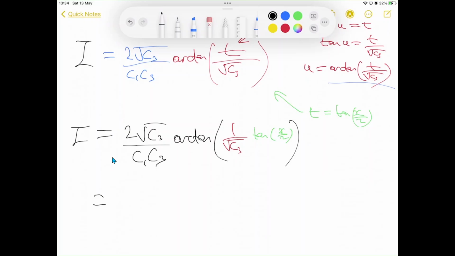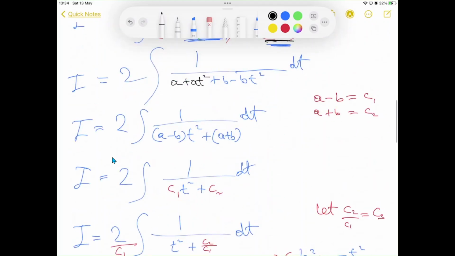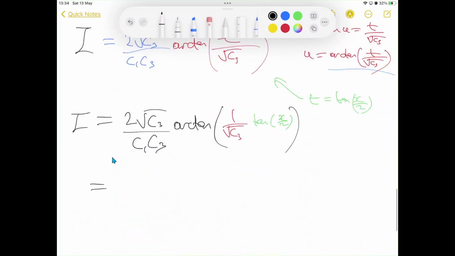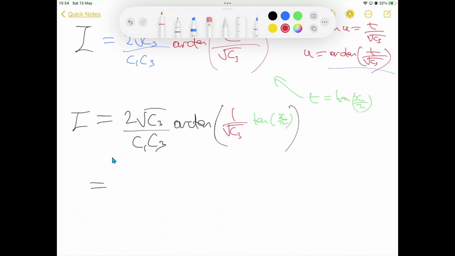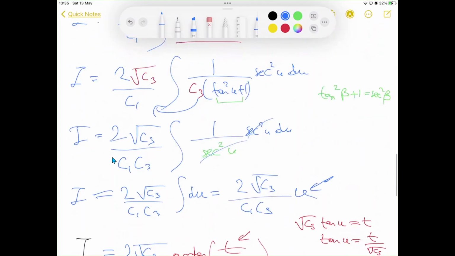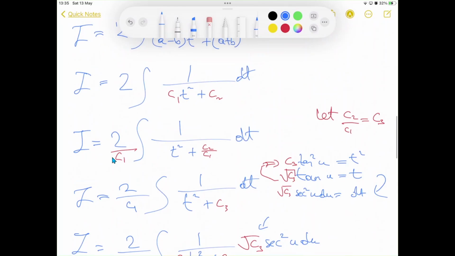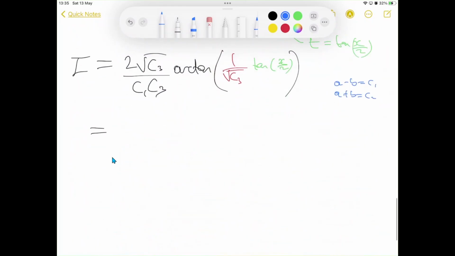And now, just for fun, let's replace the c's with a's and b's. Just as a reminder, from earlier, let me scroll up, a minus b equals c1 and a plus b equals c2, the a and the b from the original integral. We also said let c2 over c1 equal c3. So c2 over c1 equals c3. There.